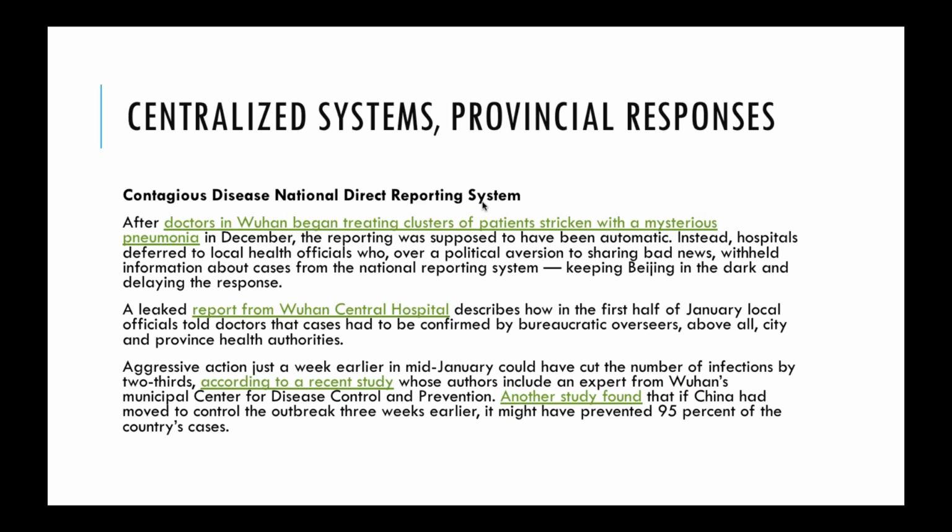So if doctors notice any disease with pathology which cannot be understood or explained well, they are required to report directly, and this information is fed into the control system in Beijing.